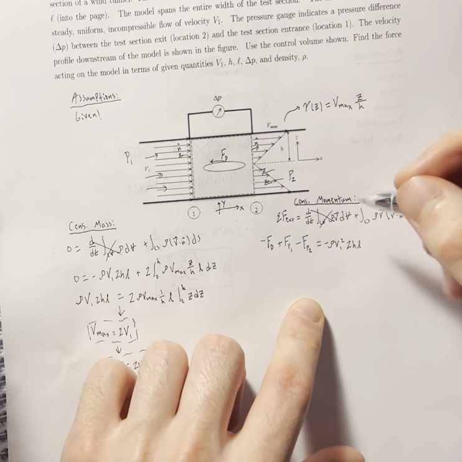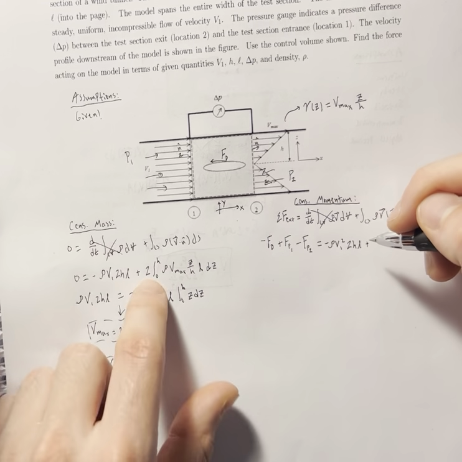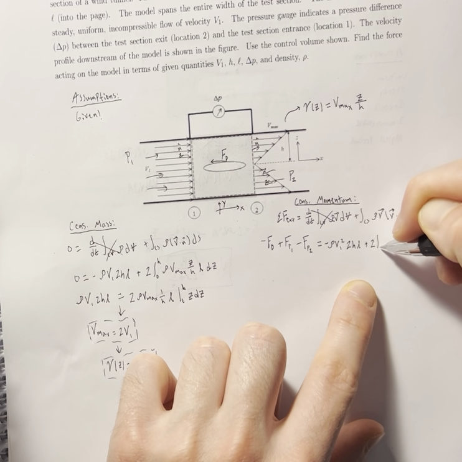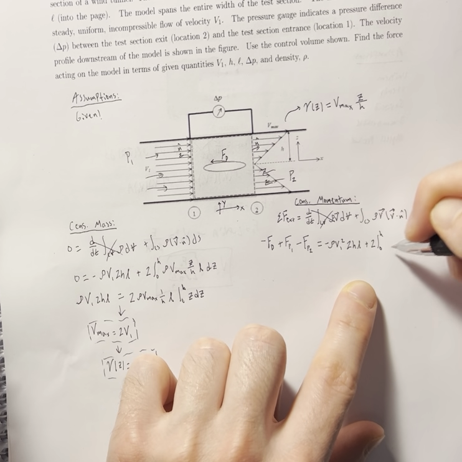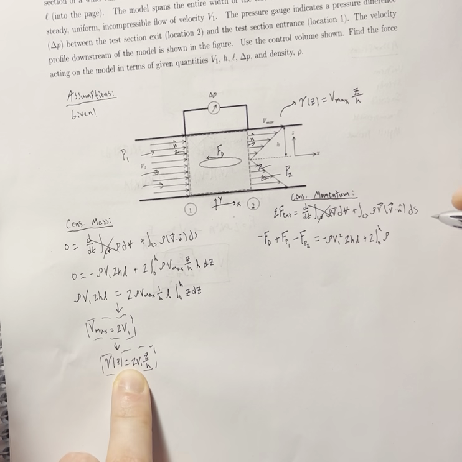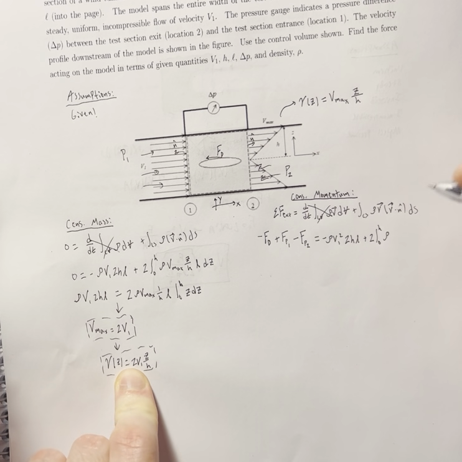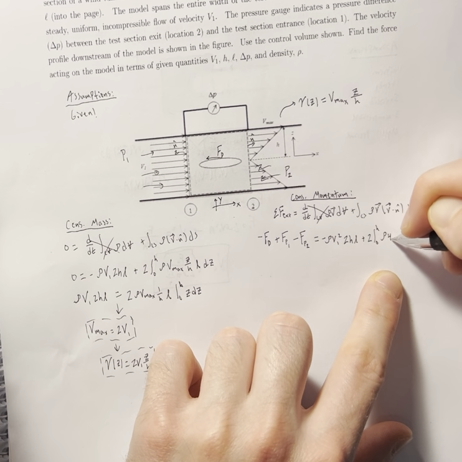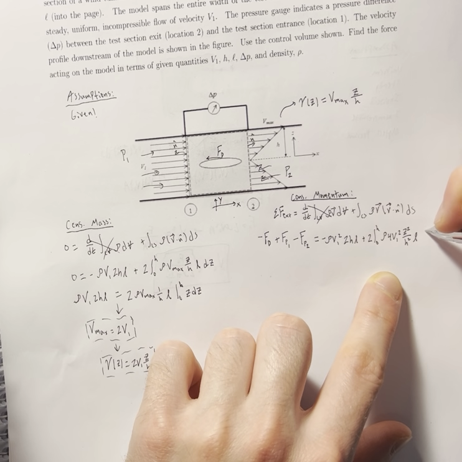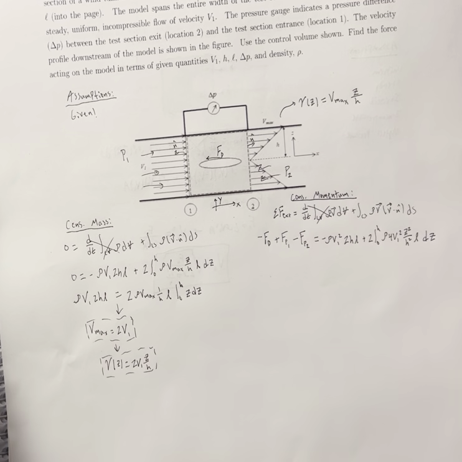Now again, we just have to do this double integral, right? This multiplied by 2, this integral. 2 times the integral from 0 to h of rho, and now we have to square this entire thing, so it'll be 4 V1 squared z squared over h squared, again times L dz.